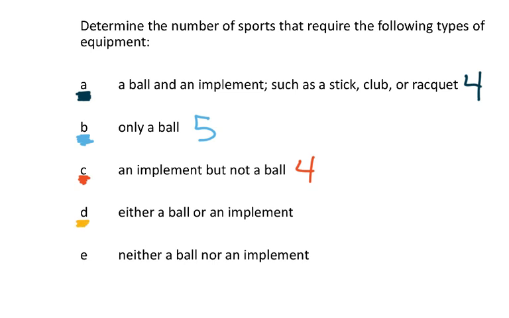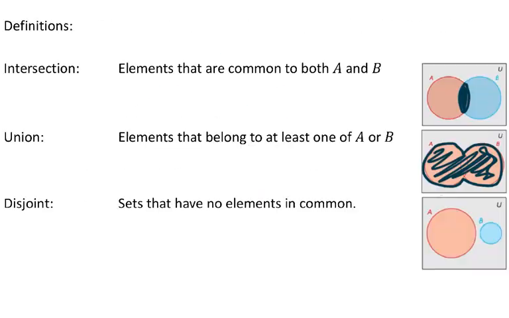D, either a ball or an implement. So now we can use one or the other or both, because looking back at that diagram, as soon as we say or, we're talking about the union, and the union can involve one item or the other item or both.